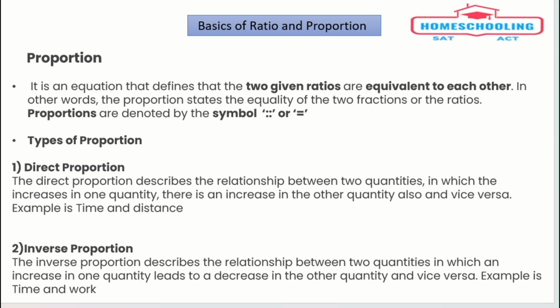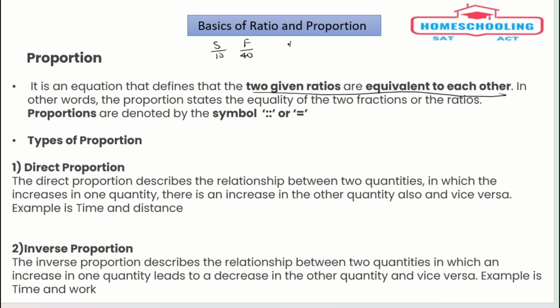And what is proportion? Proportion is when two given ratios are equivalent to each other. So let's say, as we know, the son's age was 10 years, the father's age was 40 years.